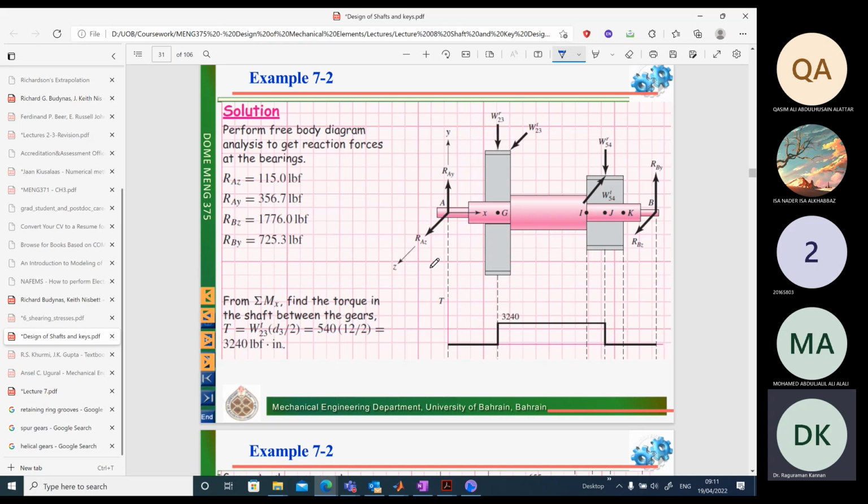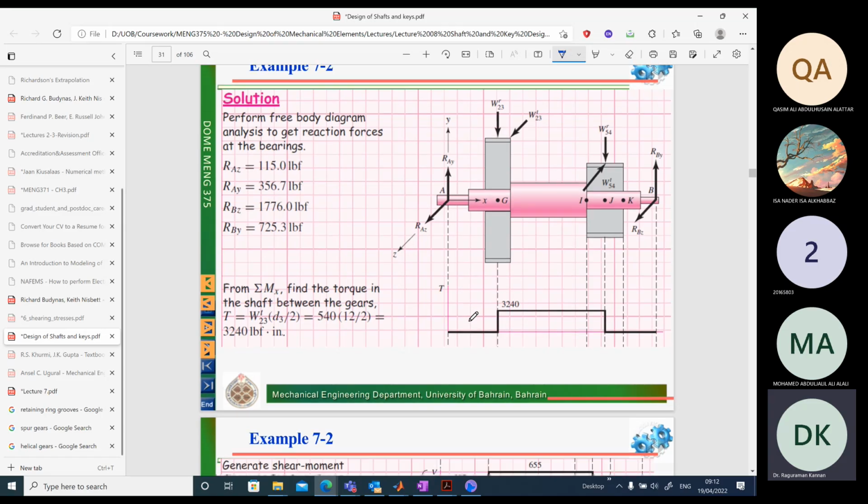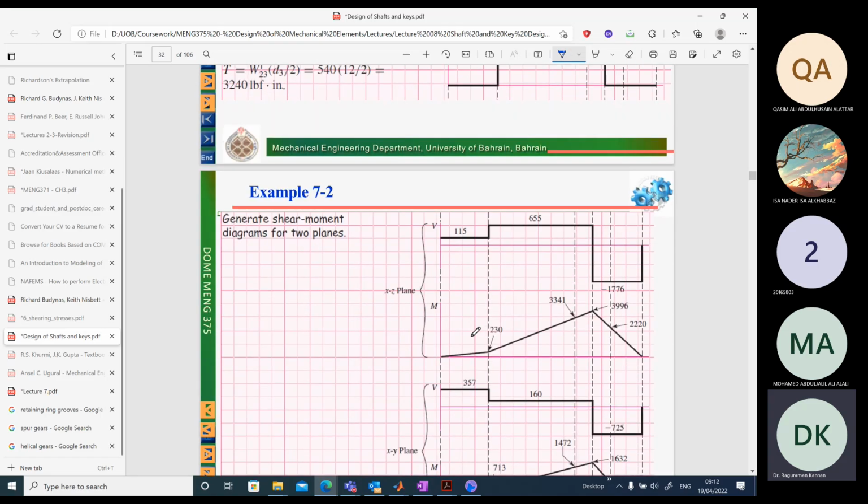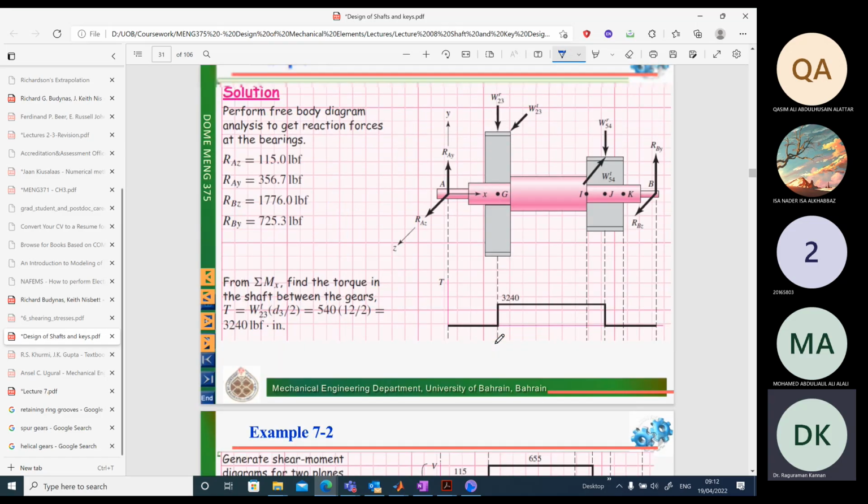Next step is to draw. First of all, we need to figure out what is the critical location. To do that, first we have to draw the torque diagram. We need to draw the bending moment diagram to figure out the stresses due to bending moment.